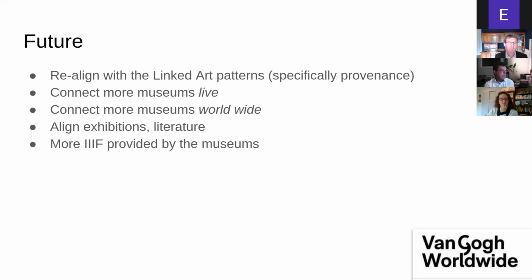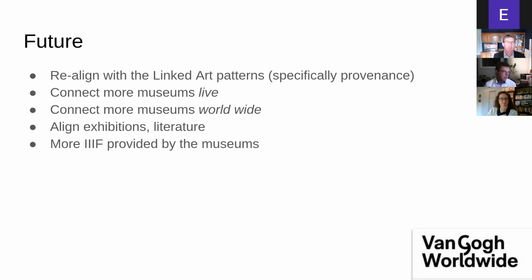So future plans, obviously, we learned that some of the Linked Art patterns were changed during the project. So I have to get back to that and then change the patterns. Especially provenance turned out to be different now than it was when we started.